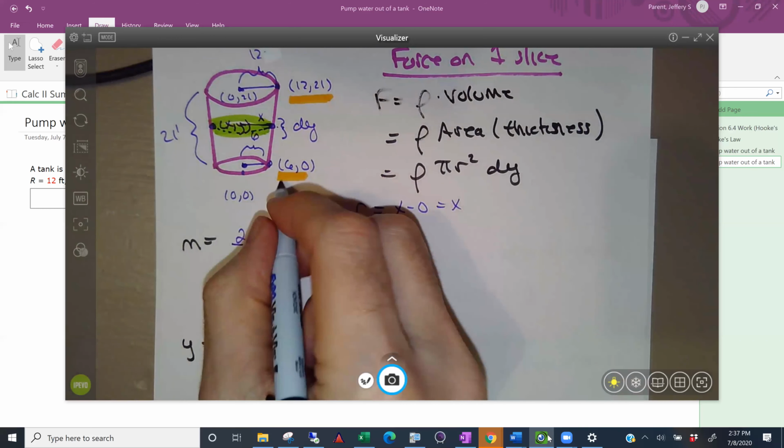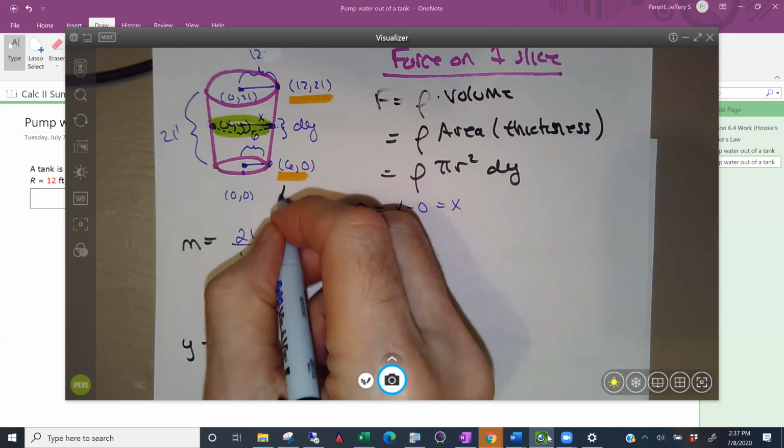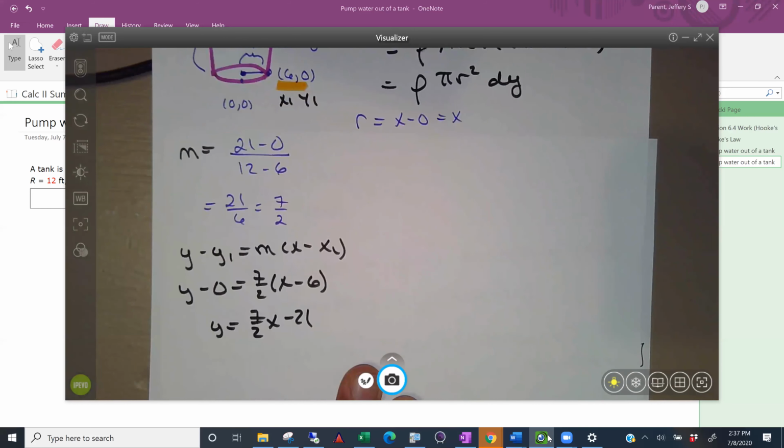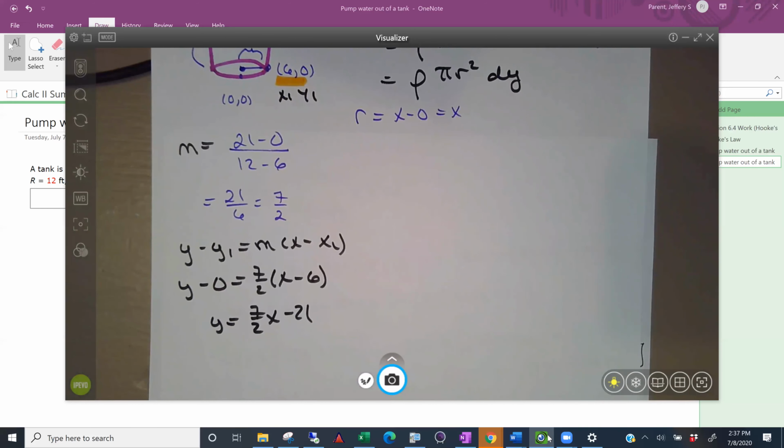I'll use this point, it looks simpler. That's my x1, y1. I'll plug it in here: y minus 0 equals 7/2 times x minus 6, which is y equals 7/2 x minus 21. Now that's pretty good, but it's not quite what I want yet.